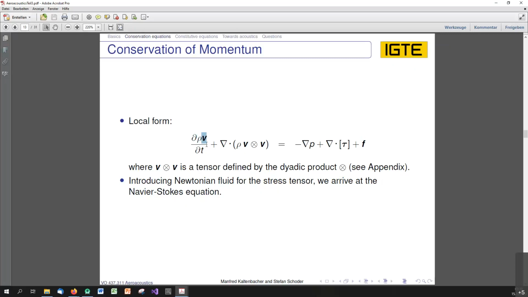Here we have the velocity, and then we have what is called a tensor, if you do a product of two vectors.